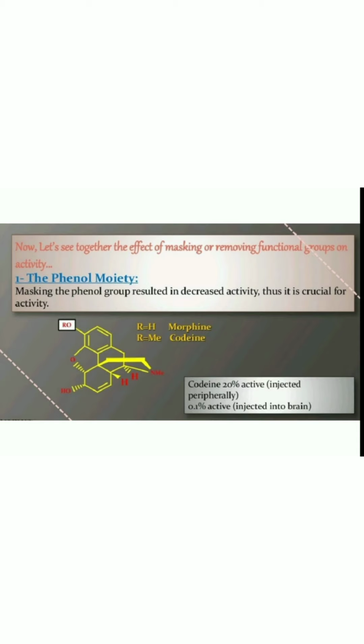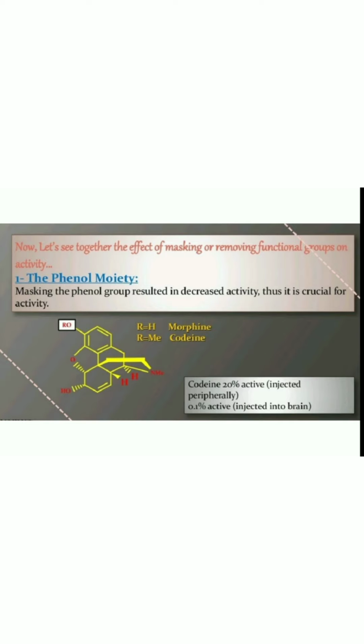If we remove the phenyl moiety at the first benzene ring, it decreases the activity. If we convert the R, that is OH, to a methyl group, the compound formed is codeine. Codeine is 20% active when injected peripherally.